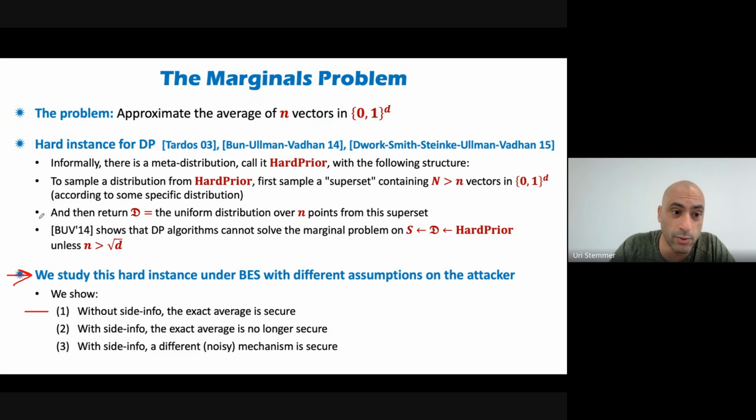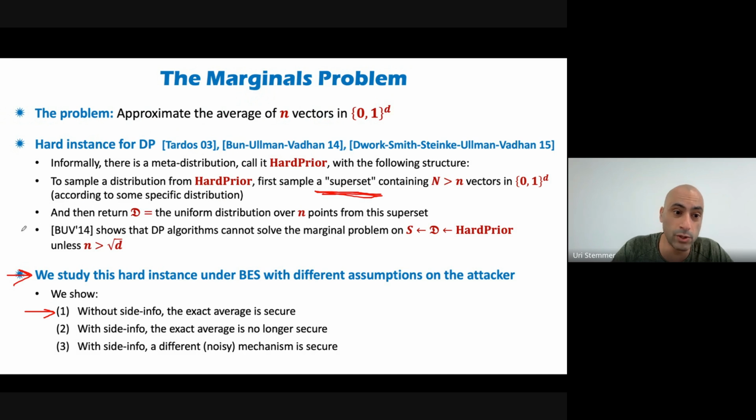So first, we show that if the attacker does not have any side information, and in particular, this means that the attacker does not know the superset defining the data distribution, then even the exact average is secure, in the sense that the mechanism that takes n binary vectors and returns their exact empirical average is secure according to our new definition, even when n is much, much smaller than root d.